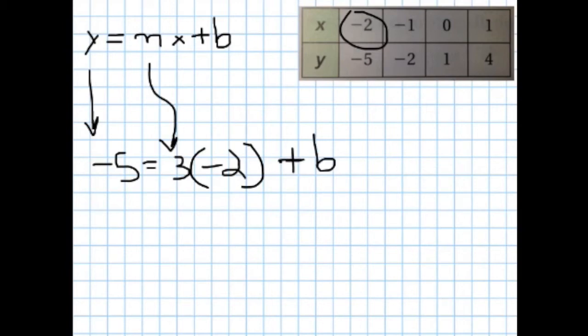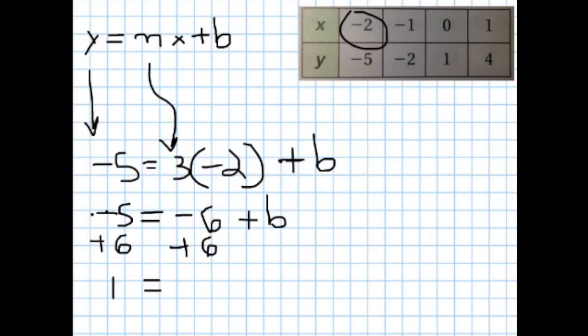So we can solve this now. 3 times a minus 2 gives us a minus 6, and we rewrite this as minus 5 equals minus 6 plus b, and we add 6 to both sides, and we get 1 equals b. So we can see that our y-intercept is going to be at 1.